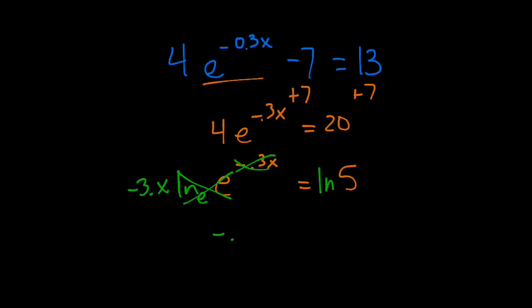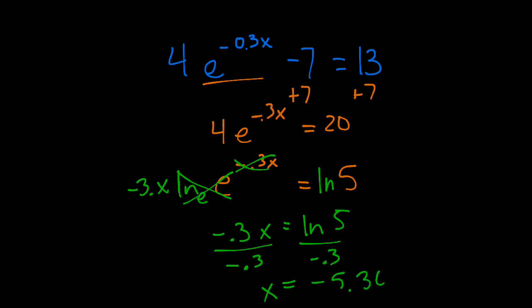So we have negative 0.3x equals natural log of 5. So divide by negative 0.3. And x is, when we plug that into our calculator, negative 5.36.